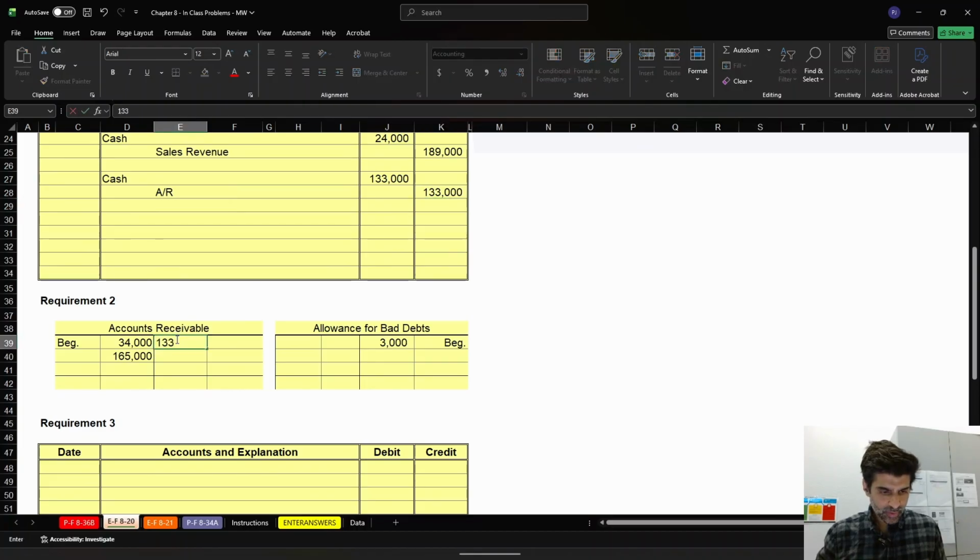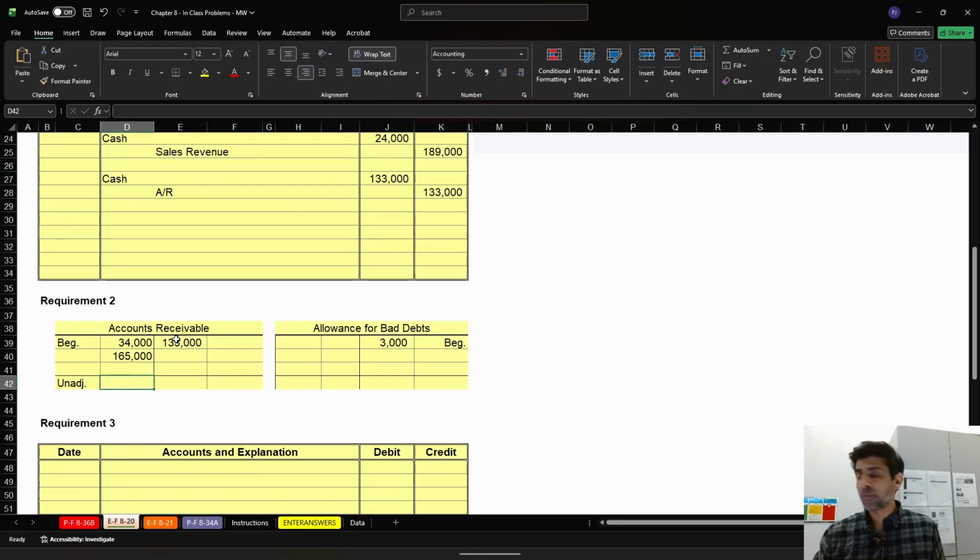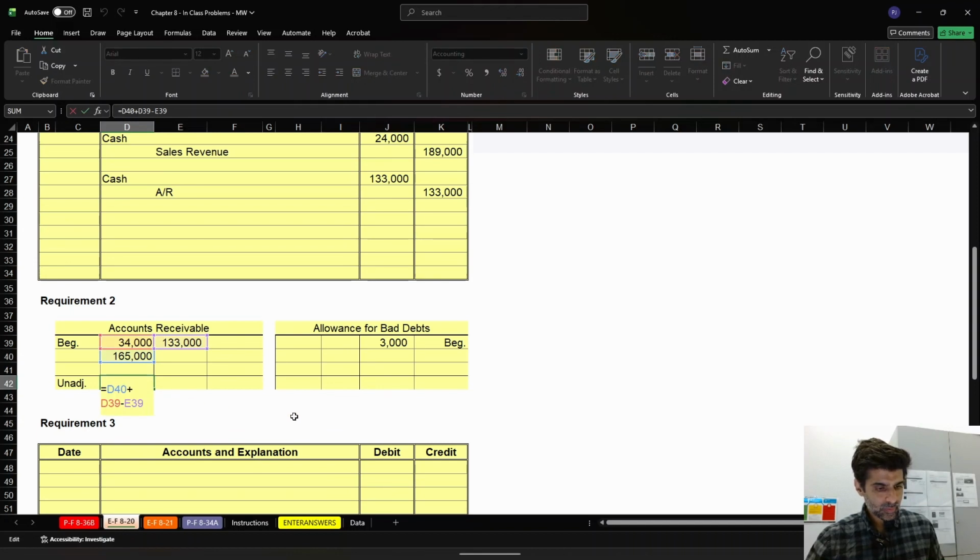And so now this is my unadjusted balance, because remember, we're going to do an adjusting entry for allowance for bad debt. But right now, our unadjusted balance at the end of the month is 66,000.